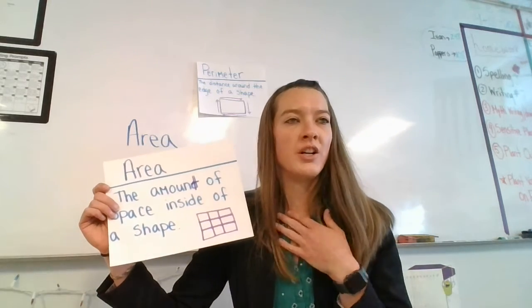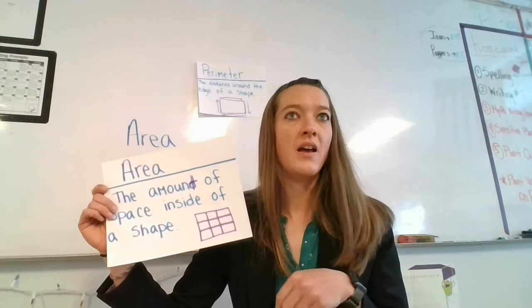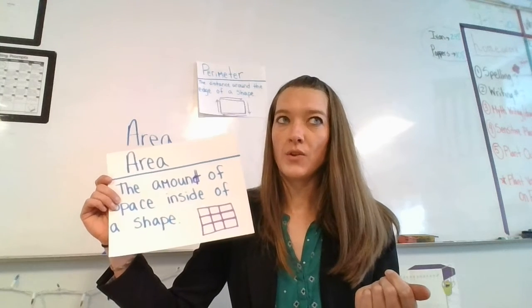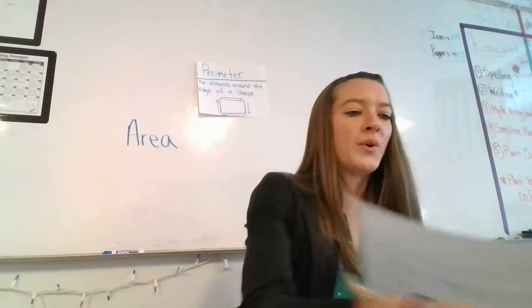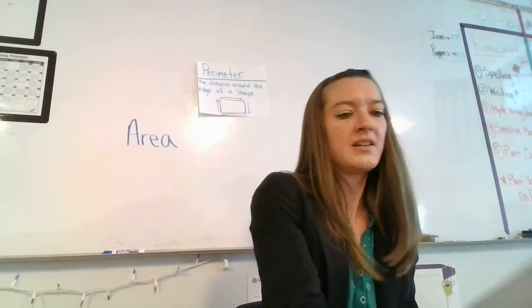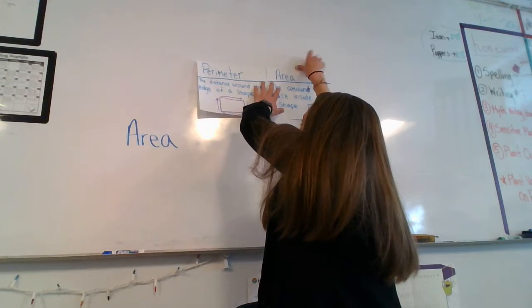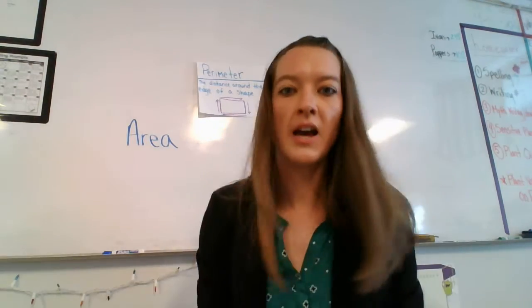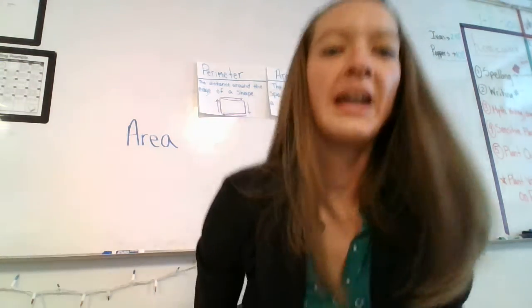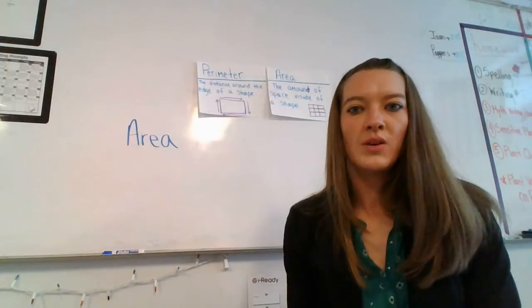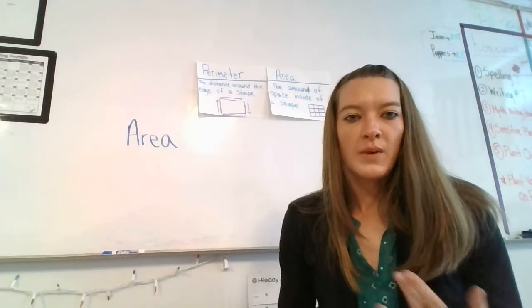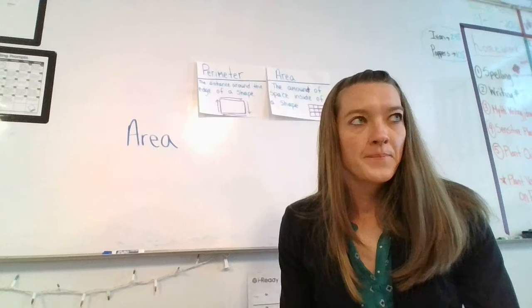And what we're going to learn is how to find the inside of a rectangle, okay? So we're going to put this up here right next to perimeter because they kind of go together. So we have our area. Let me move over a little bit so you can see that too. So we have our perimeter and we have our area.